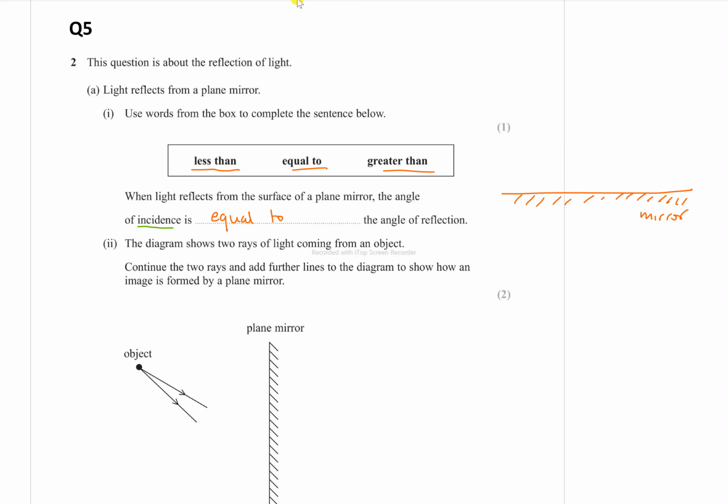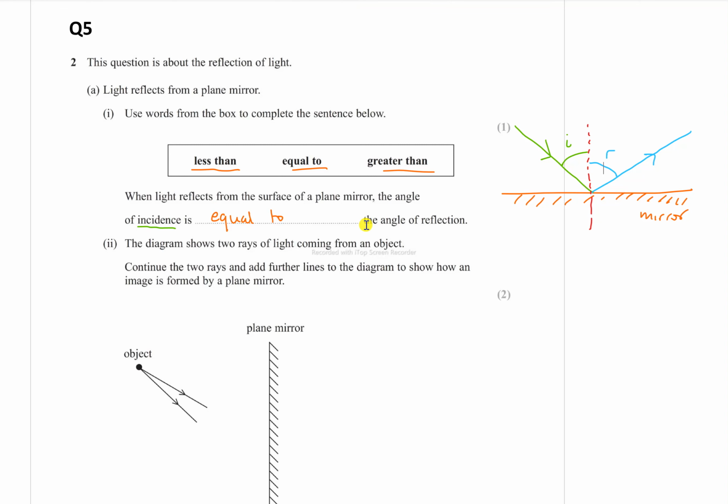There's the incident ray coming in. We draw a normal, and then you've got the reflected ray. What they're trying to say to you is this is the angle of incidence and it equals the angle of reflection.